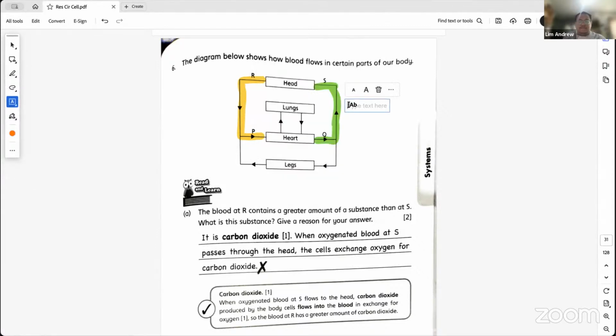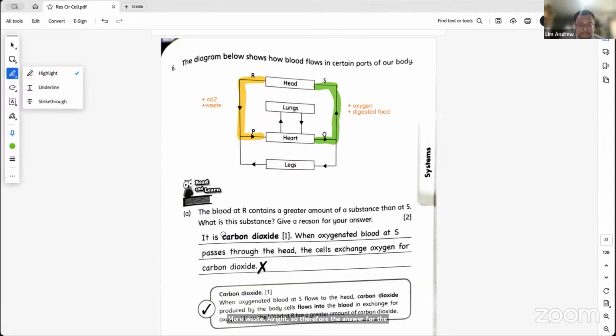We know that from the heart to the head means more oxygen, more digested food. From the head to the heart is more carbon dioxide, let's put CO2, more waste. So therefore, the answer for the first part is actually carbon dioxide. Next, the reason.